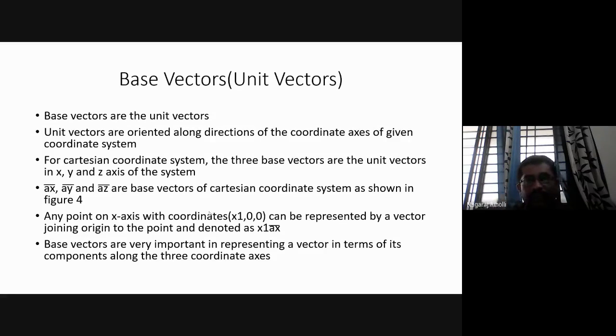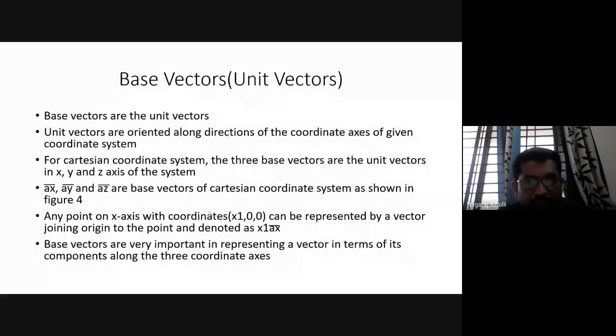X, y, and z. If it is in the x direction, it gives the direction of the vector which is in the x direction. If it is in the y direction, it gives the direction of the vector which is in the y direction. And if it is in the z direction, it gives the direction of the vector which is in the z direction. Okay.